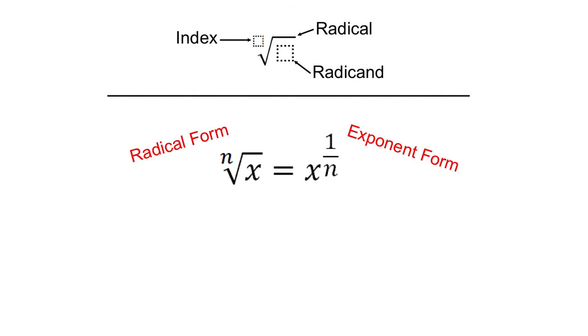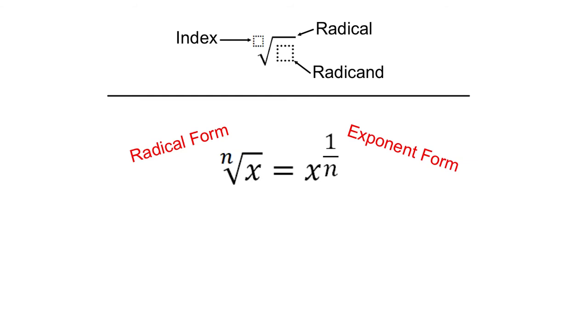Okay, so just some terminology here. If you have a number with the square root type symbol, that's called a radical. The radicand is the number that's underneath the root sign, and this number that goes up here is called the index. So for an index of n, the nth root of x is equal to x to the exponent 1 over n.